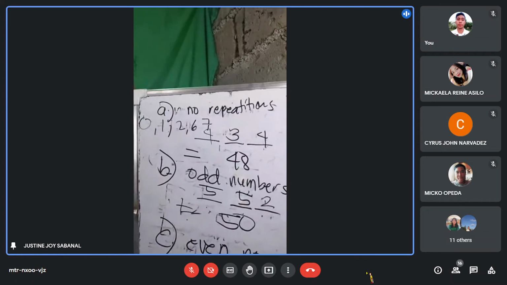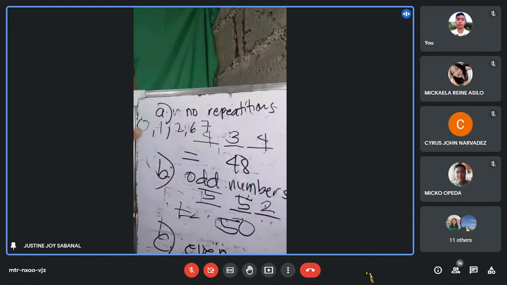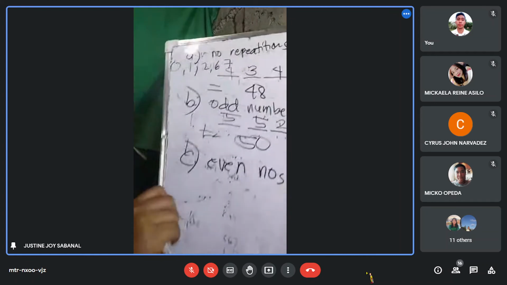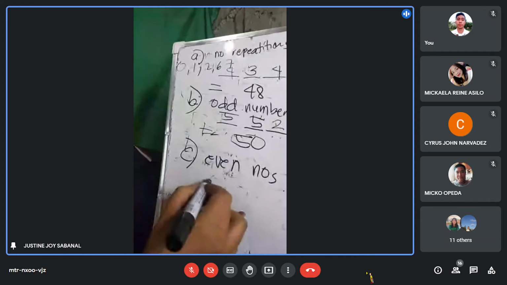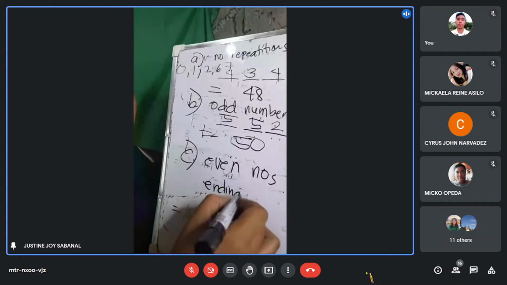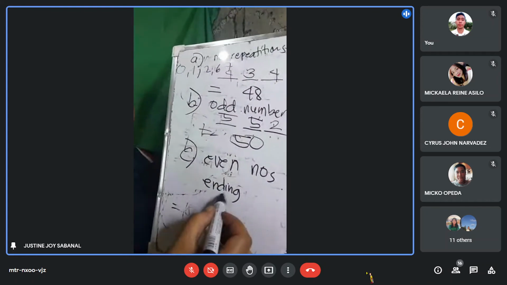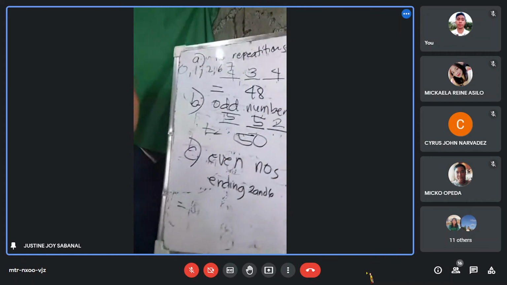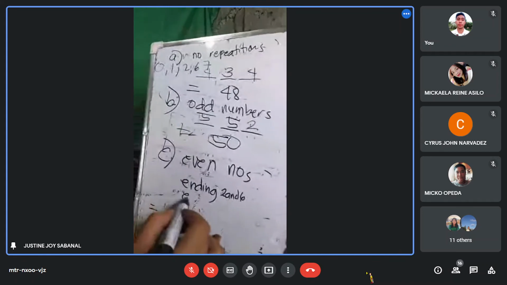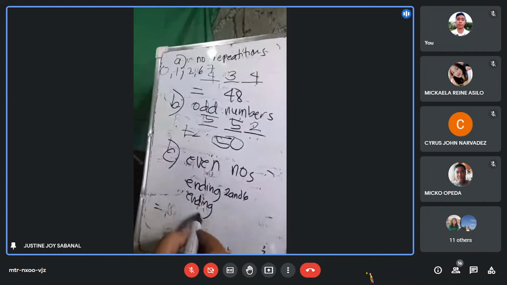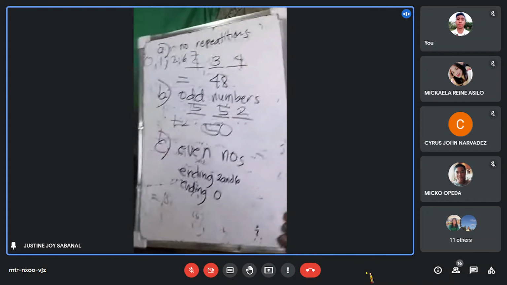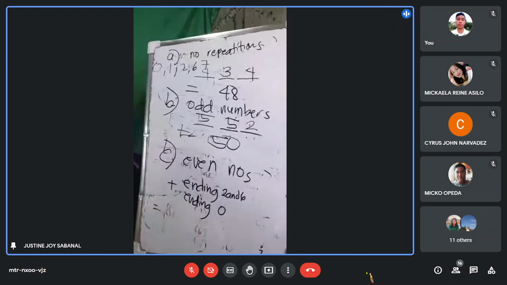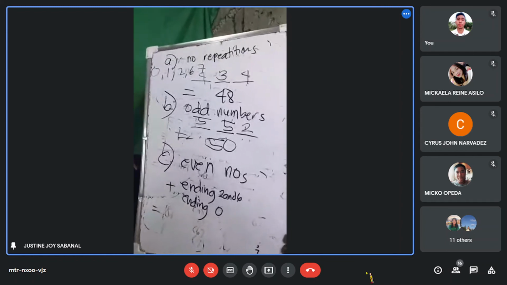Pero sa atin, ginagamit natin siya as an even number. So, ngayon, ang gagawin natin is i-identify muna yung mga numbers that end with 2 and 6. After that, i-identify mo yung mga numbers that end with 0. Then, you add those values.